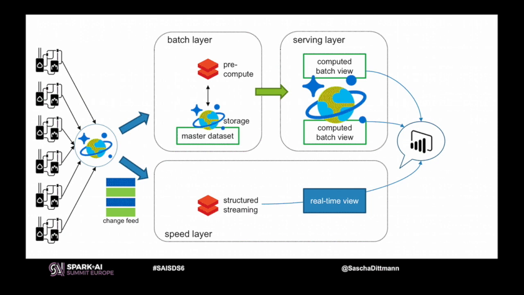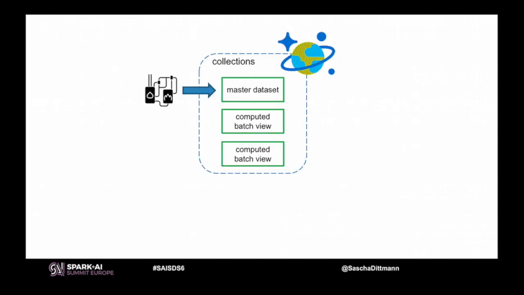Same for streaming. There's a capability of Azure Cosmos DB which gives you a stream of changes happening in the global environment of that large scale or massive scale database, which is a change feed. And I can pull that change feed, once again, with structured streaming into my system and generate, for example, a real-time view. I want to restructure that architecture a little bit, because the central element is that Cosmos DB. The master data as well as the computed batch views are just collections in that one distributed database.